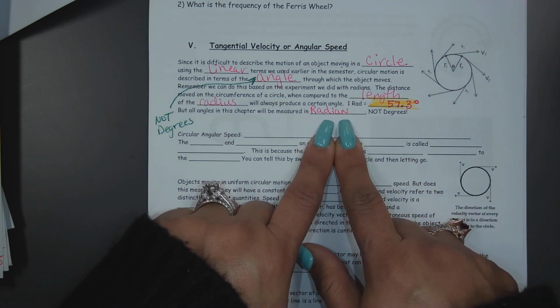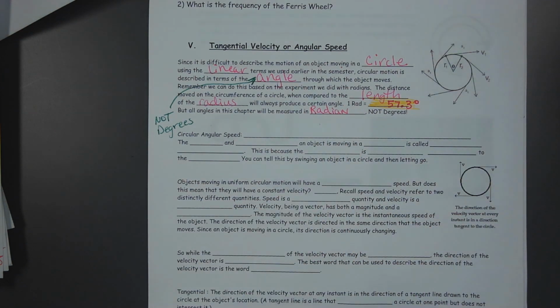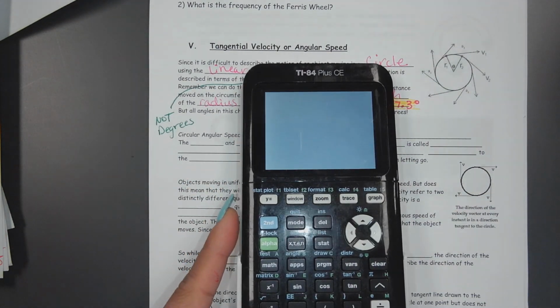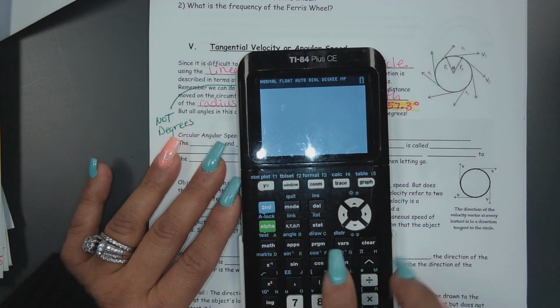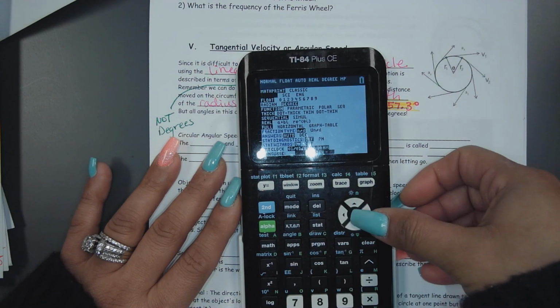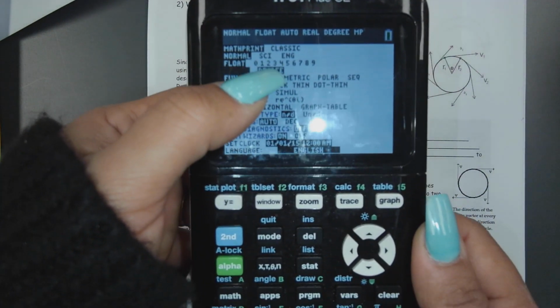So that's where in your calculator, you go to mode, and I want to pause for a moment to make sure, for those of us who had pre-cal already, or if you're in pre-cal, your teachers may have talked to you about this. We talked about this already last semester. When you go to mode, remember last semester we had to go down and look at that. Oh, snap. I'm still in degrees.